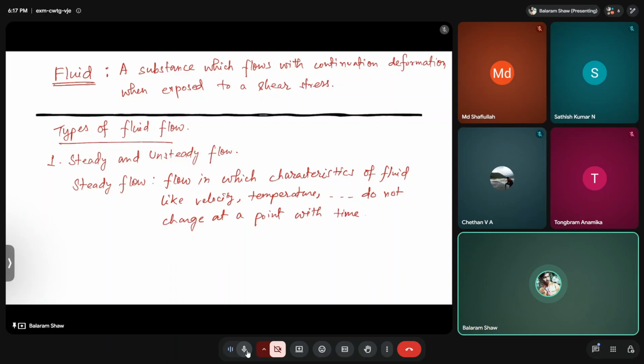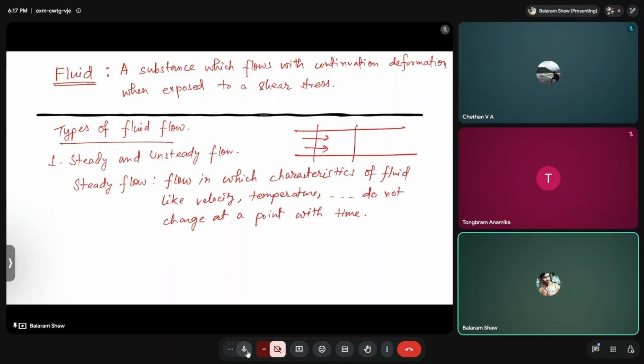So let's say if you are seeing a fluid, or maybe a section of the fluid, from the side view, and fluid is flowing in this direction. Maybe we'll see only till here, and we'll decide one point.